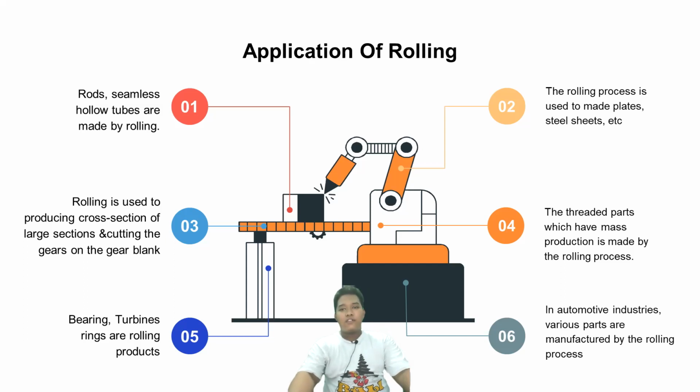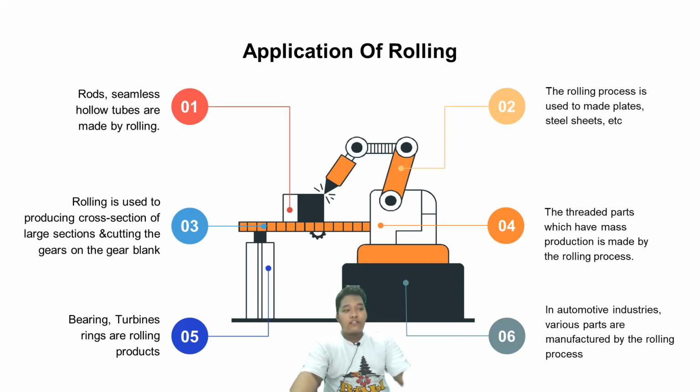The fourth use is to produce threaded parts in massive quantity, many units, a lot of quantity. It can use rolling process also.